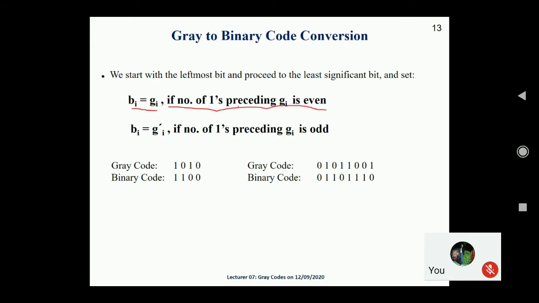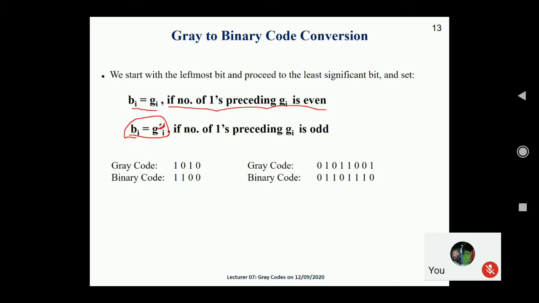What is this condition? If the number of ones preceding GI is even. The number of ones preceding GI. Remember, we are converting gray to binary code, so preceding GI is even. And the next expression: BI equals G dash I. Here G dash I means the complement form, the complement of GI, so I am writing a small complement symbol here.